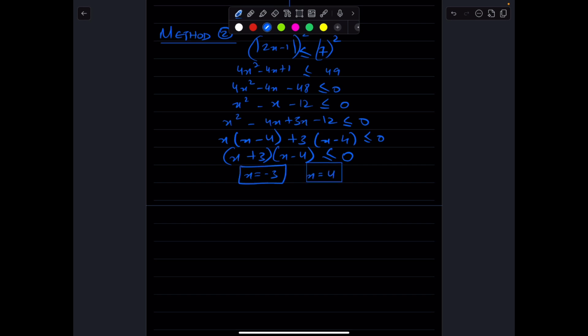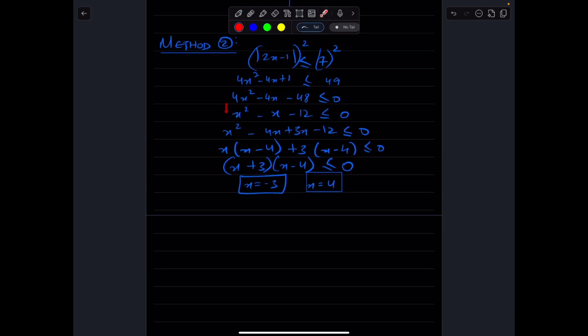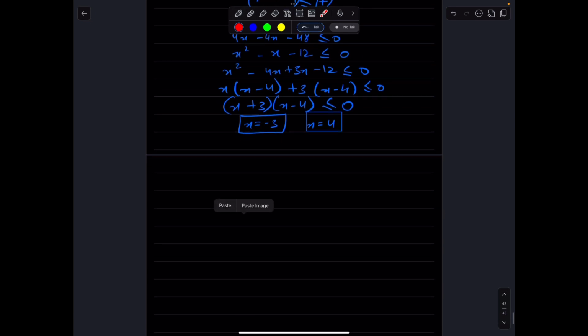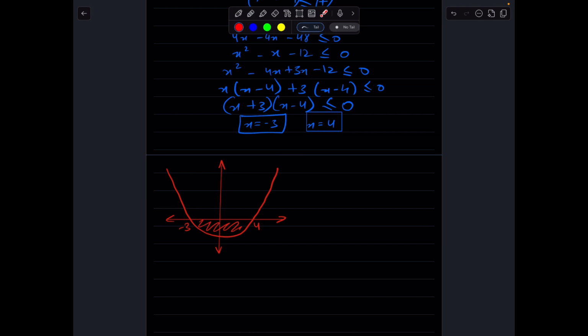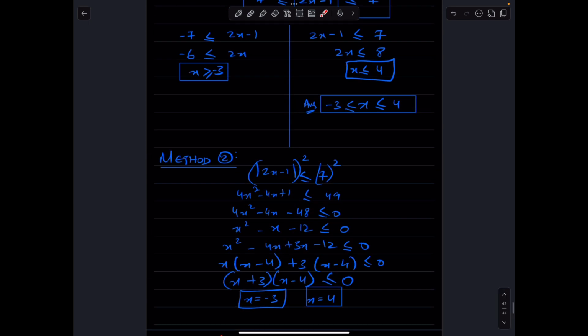Now, since we solve a quadratic inequality, we'll have to draw the graph, which would look something like this. Hence, the answer turns out to be x lies between 4 and minus 3. This is because the region below the x-axis was required, and appreciate the fact that this answer matches with the first method.